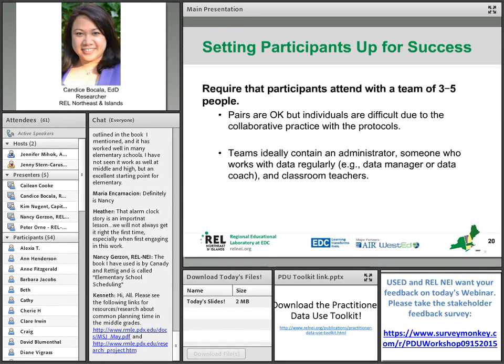And a message that we've seen in research, and we've seen in our own evaluation data from projects that we've worked on, is that it's very helpful to have someone on the team who works with data regularly, who's supporting classroom teachers to do this. Now that may be a data coach.